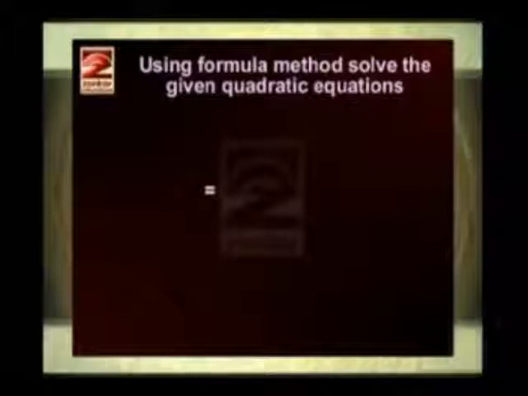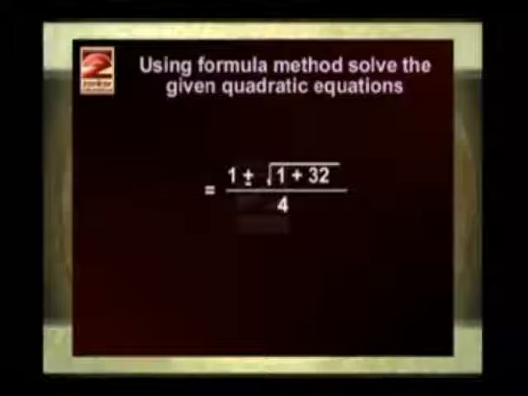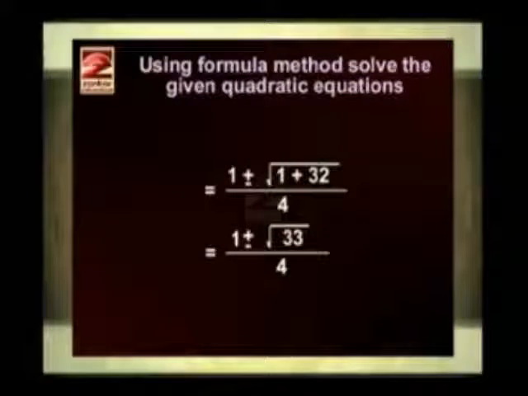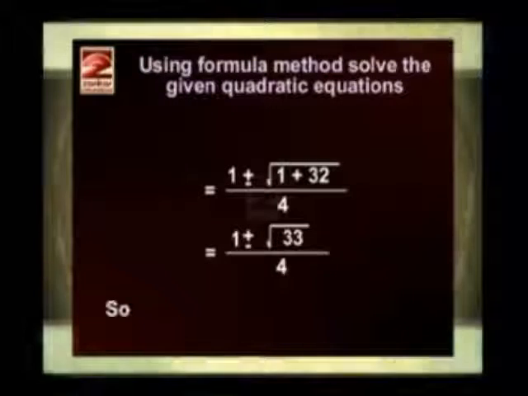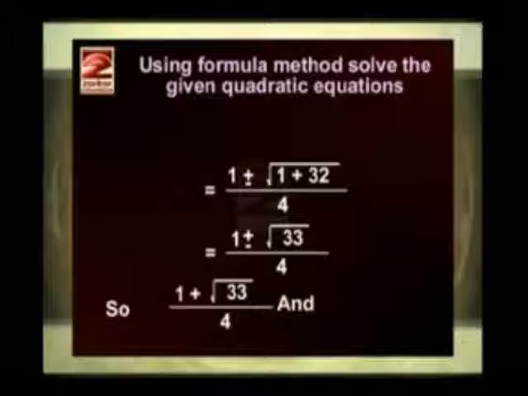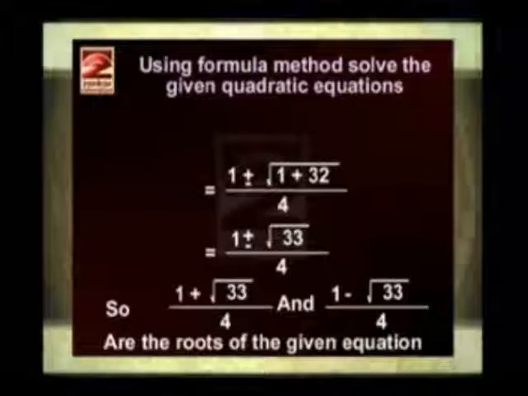That is equal to (1 plus or minus root 1 plus 32) upon 4. That is equal to (1 plus or minus root 33) upon 4. So, (1 plus root 33) upon 4 and (1 minus root 33) upon 4 are the roots of the given equation.